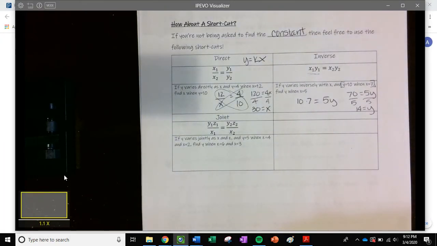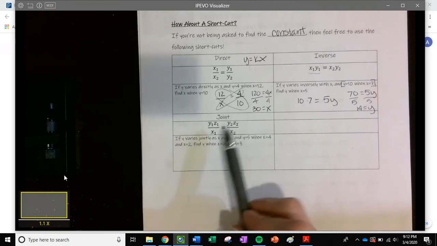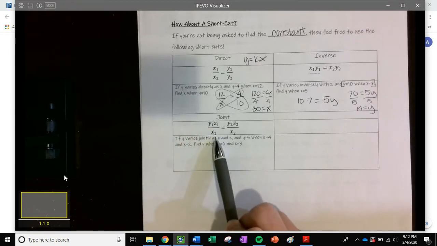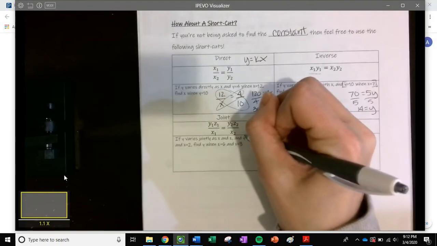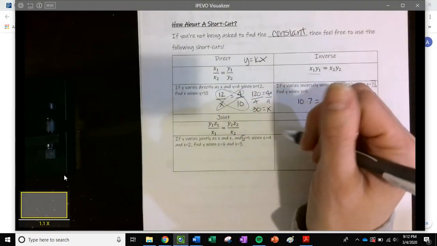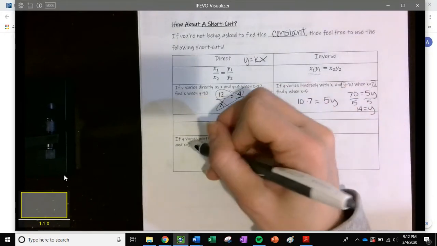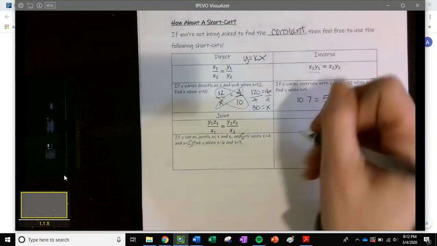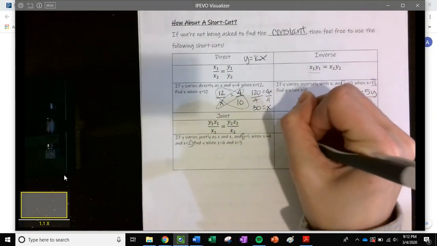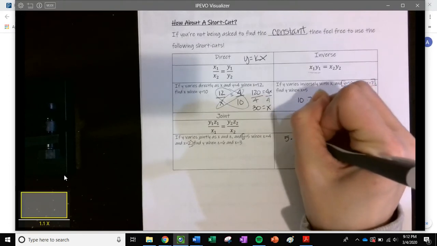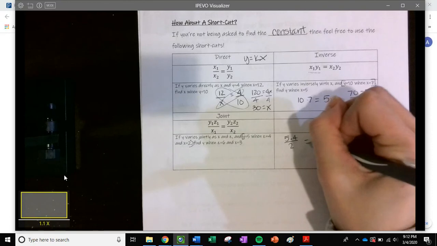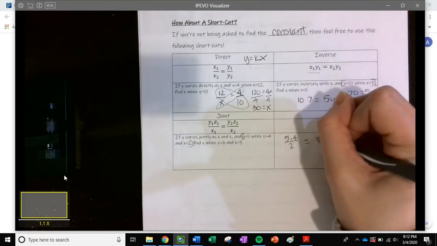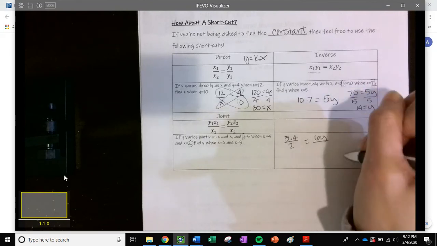Isn't that great? All right, joint. We've got y1 times z1 over x1, y2 times z2 over x2. So in my first relationship here, I've got y equals 5, z equals 4, and x equals 2. So we will have 5 times 4 divided by 2 equals, we're looking for y when z is 6 and x is 3.